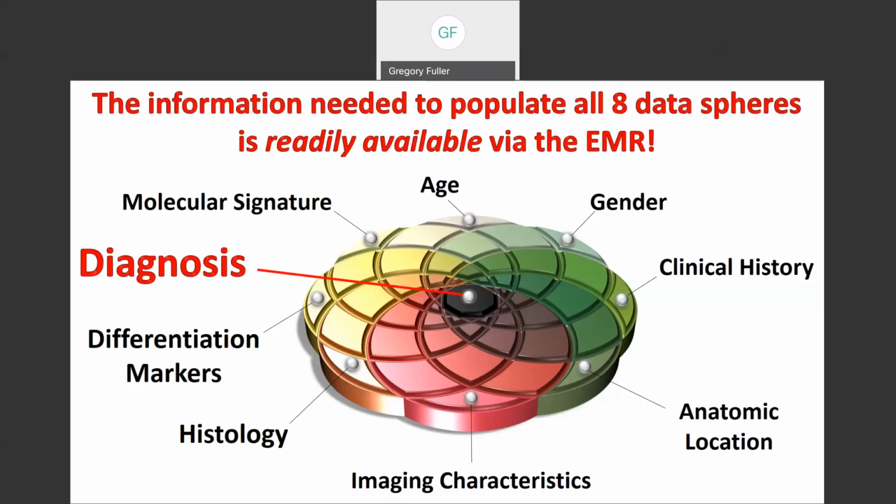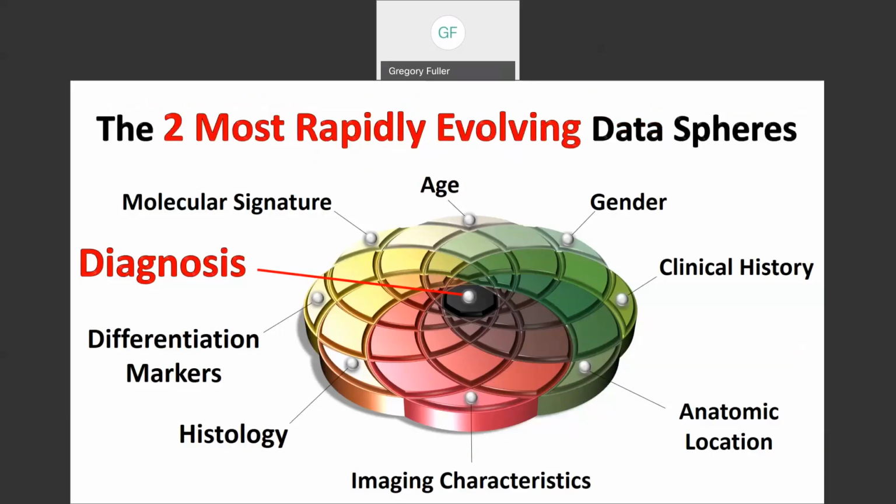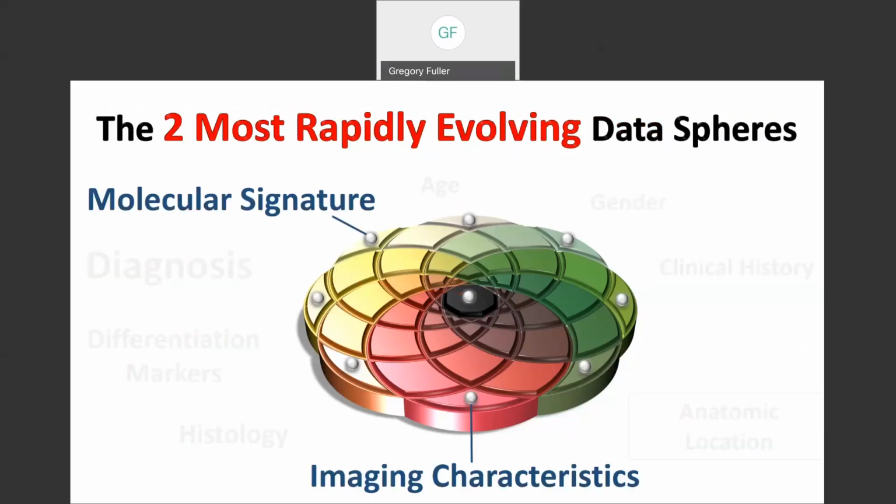All right. The problem is in getting the pathologist to take advantage of it, particularly the imaging characteristics, which are absolutely critical. And we talk about this a lot. Without doubt, the two most rapidly evolving data spheres of this eight data sphere model are going to be molecular signature and imaging characteristics, and they are evolving in parallel.